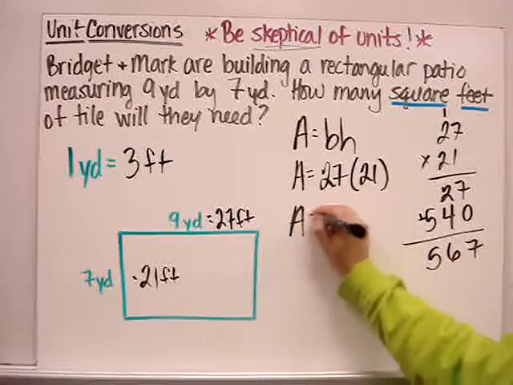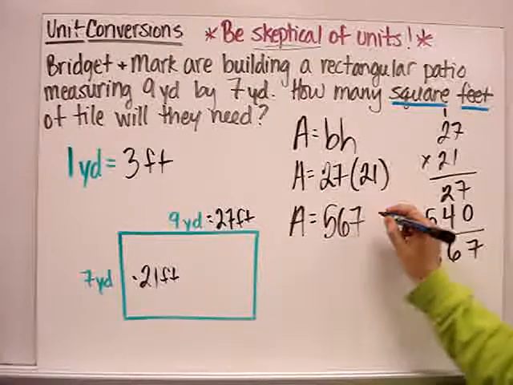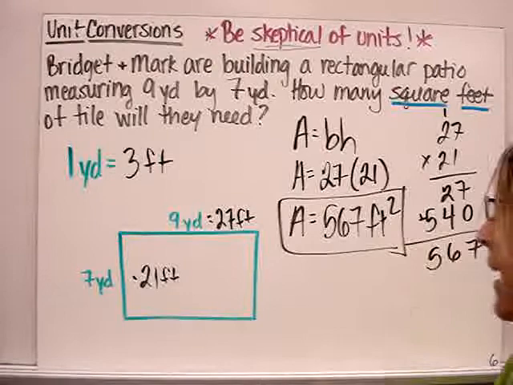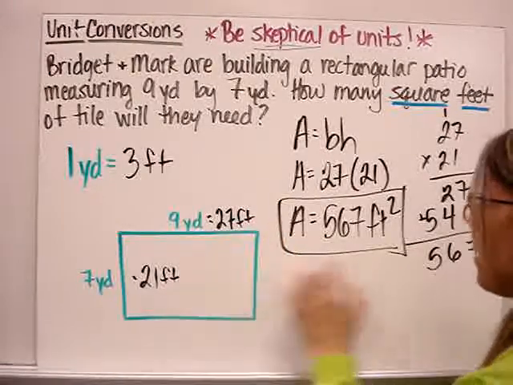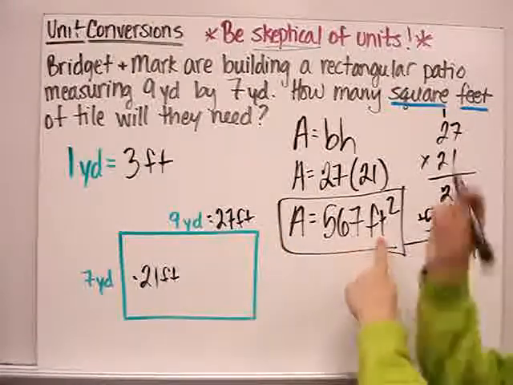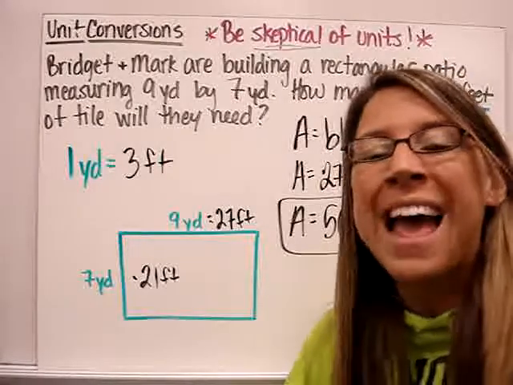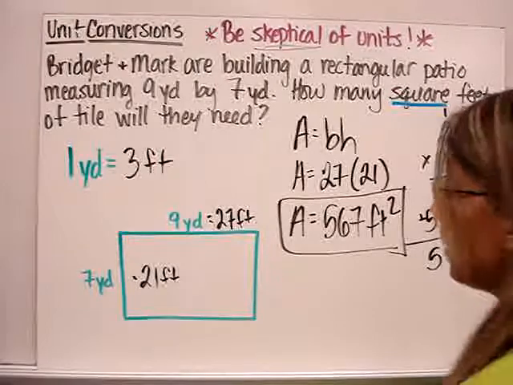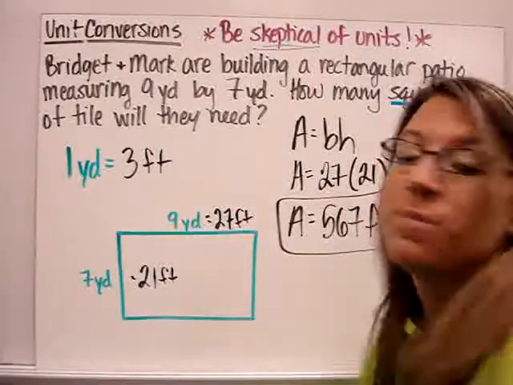So A equals 567 feet squared. Always, always go back and check. Now I know I'm working with feet here, so I labeled it correctly, but always go back and make sure you answer what is asked for. How many square feet? Well, 567 square feet. And that is the answer to the problem.